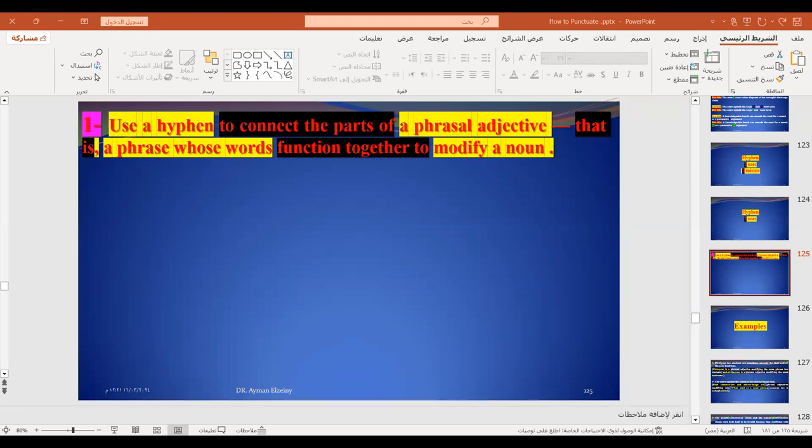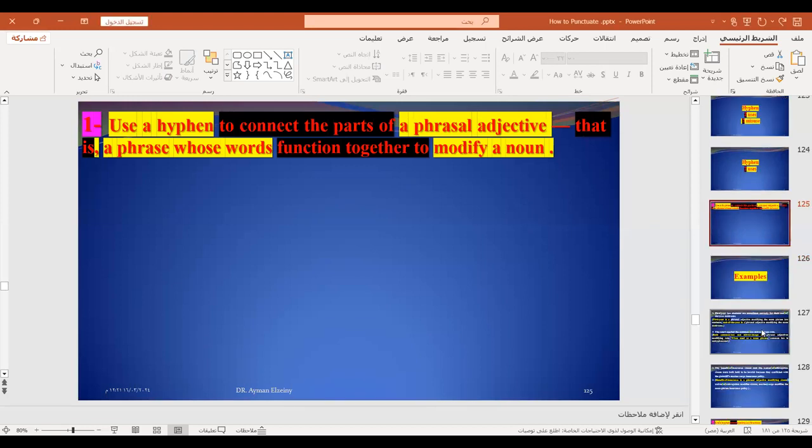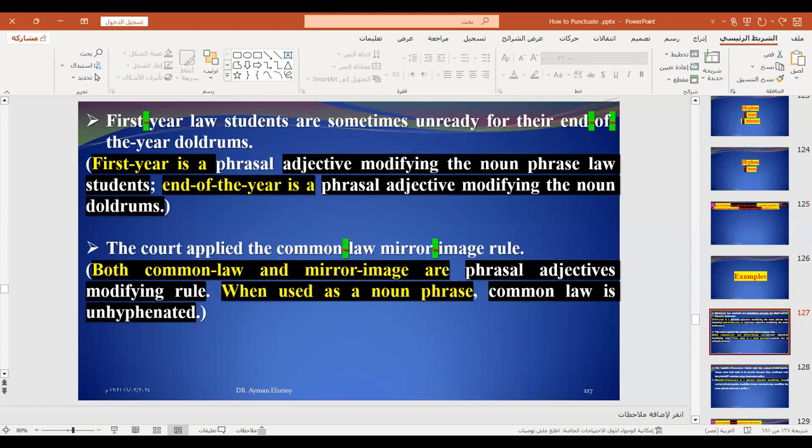That is, a phrase whose words function together to modify a noun. For example, first-year law students. First-year law students are sometimes unready for their end-of-year dull dreams.